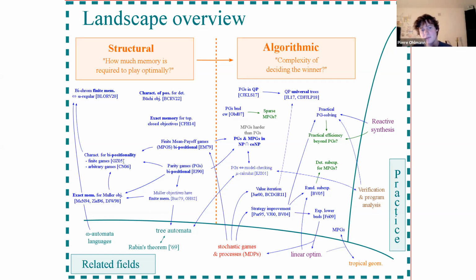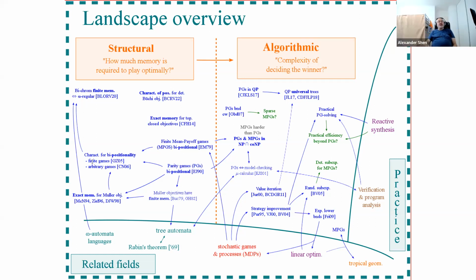For finite games, we have this result of Gimbert and Zielonka that gives a characterization, which is quite nice, and it has a very nice byproduct that people call the 1-to-2 player lift. So a consequence of this characterization is that an objective is bipositional for finite game graphs if and only if it's true for graphs that are owned only by one player.